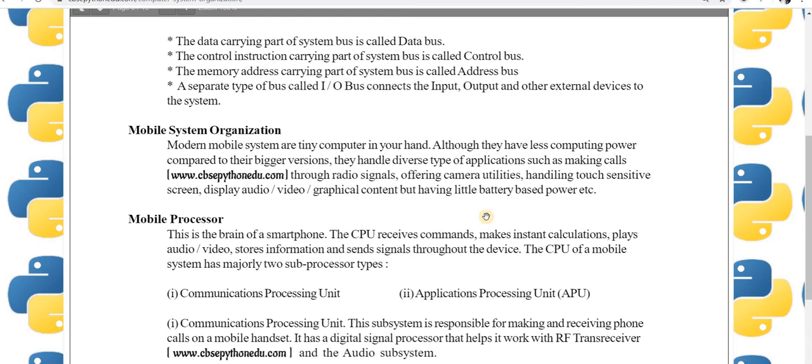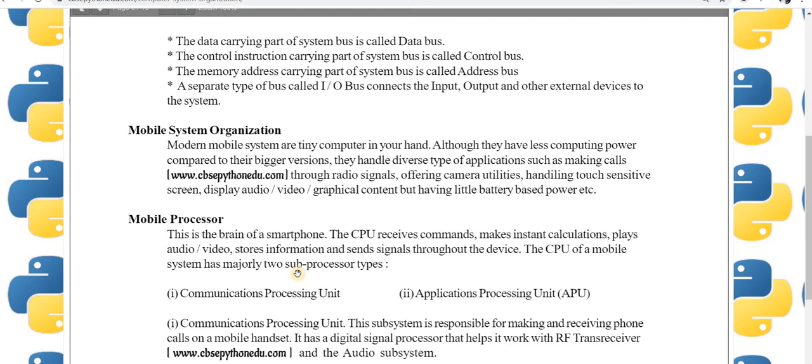The CPU receives a command and makes instant calculations, all those logical or arithmetical problems we send to our mobile as an input. It solves them using its CPU. Okay, so it's the brain of the mobile, and it stores information as it has a very strong memory unit.